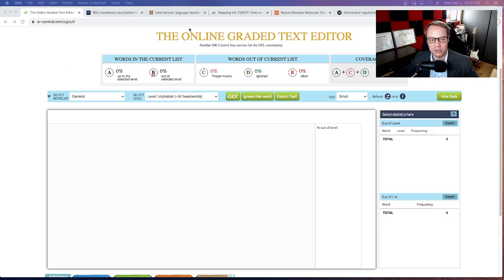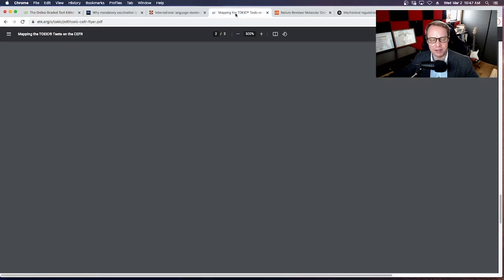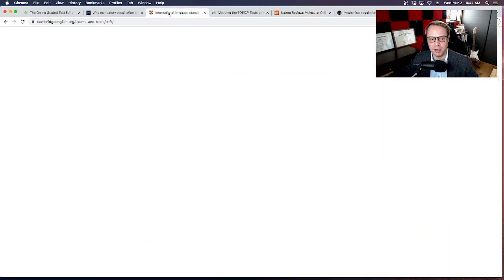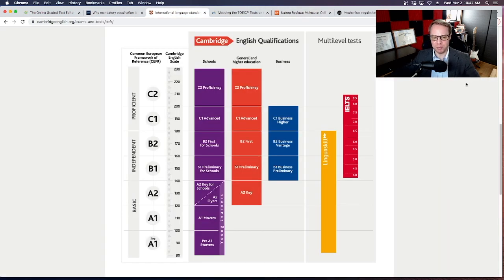So first of all, let's look at how we determine what level people are, and this is based off of the CEFR level, or the Common European Framework of Reference. We can see down below that the basic CEFR is about A1 or A2, and that is for the young learners. Then we've got the B1 and B2.